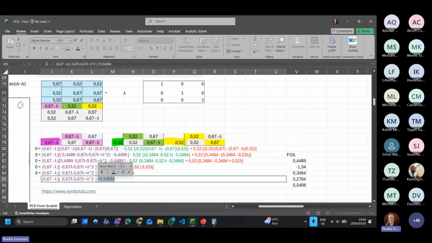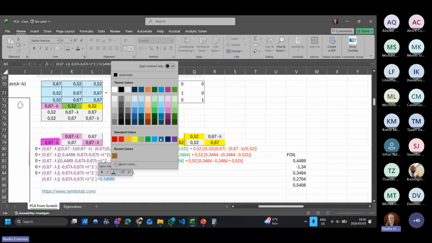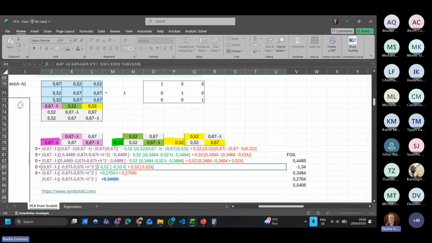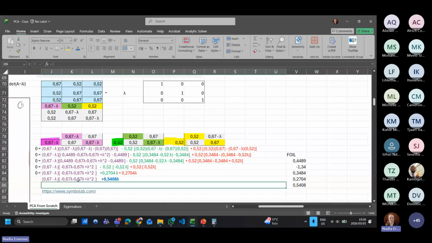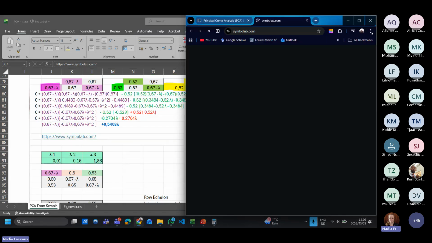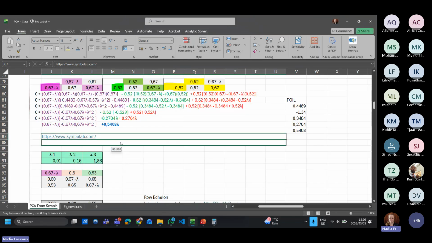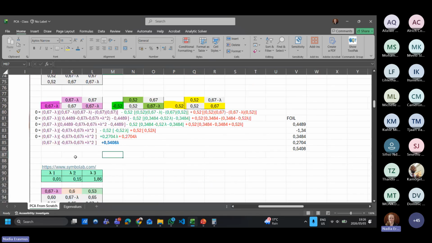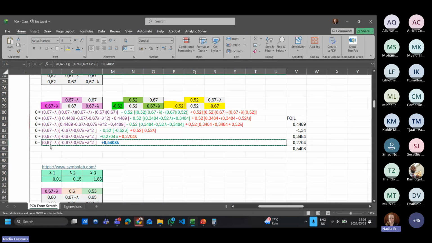Let's go with blue because that's the color we haven't used yet. So we have simplified all of the green and the red. Now we can simplify the other. This can also be done in Symbolab so that you can see if it is correct. It's still 0 equals this value, so we're going to calculate this one now.